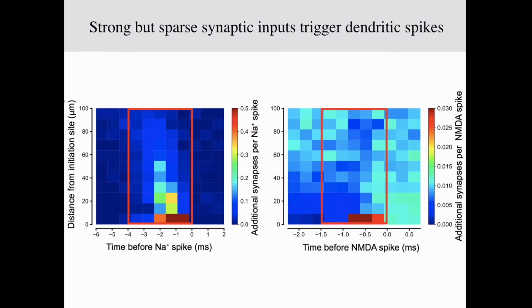We are very happy with that, and we think that's plausible. That shows how in space and time synapses have to be staggered to really be effective at triggering a sodium spike. The detector for NMDA spikes had to be more tricky.